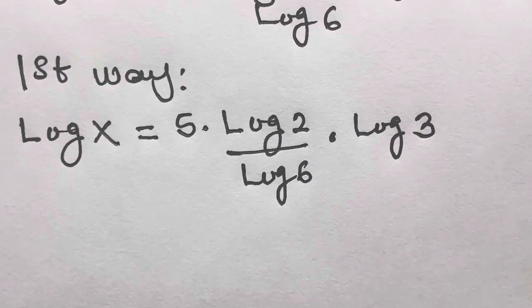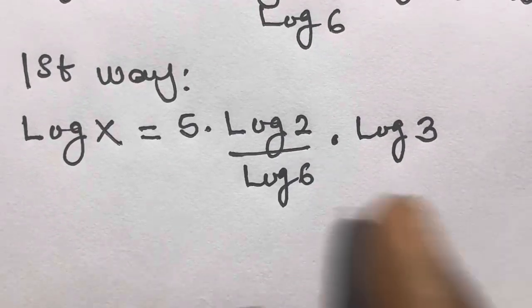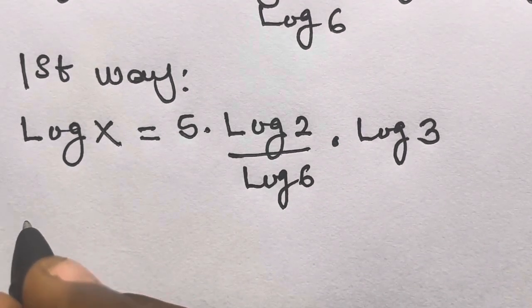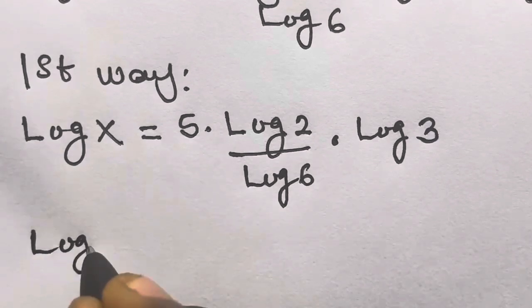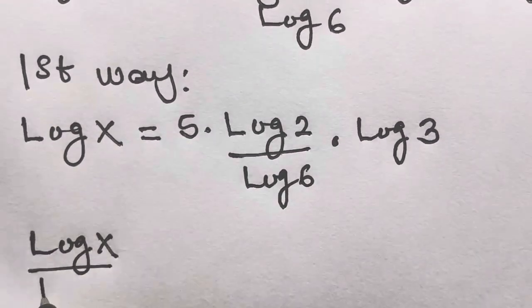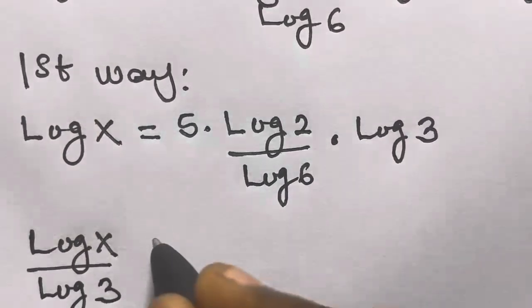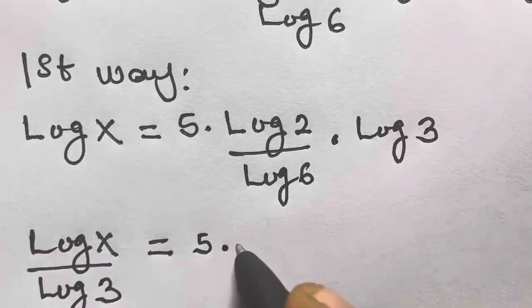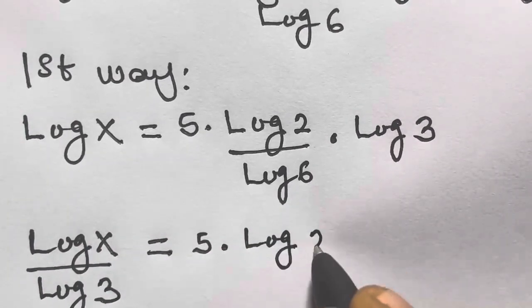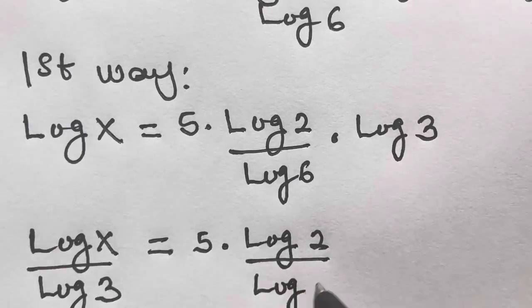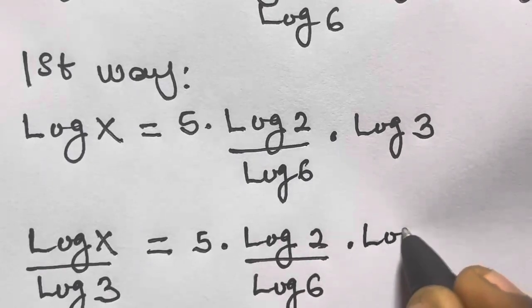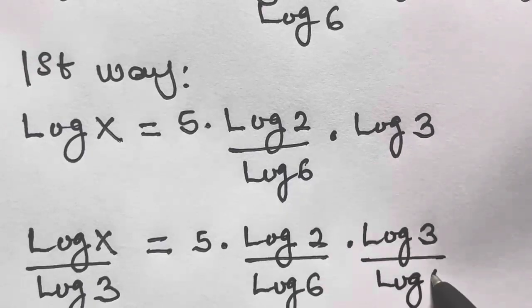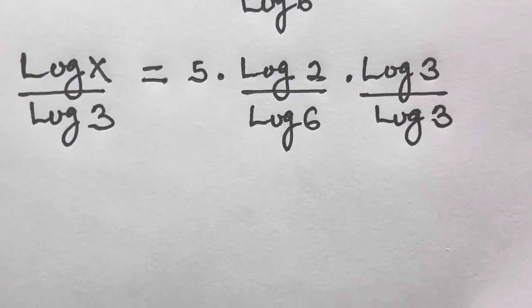From here, we divide both sides by log 3. If we divide both sides by log 3, we will have log x divided by log 3 equals 5 multiplied by log 2 divided by log 6, then we have log 3 here.